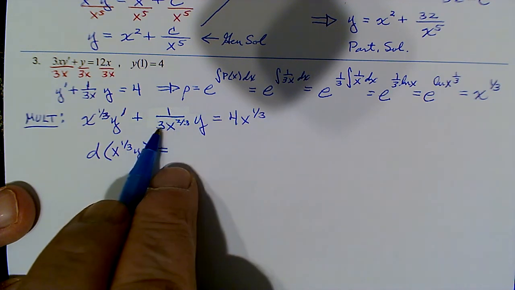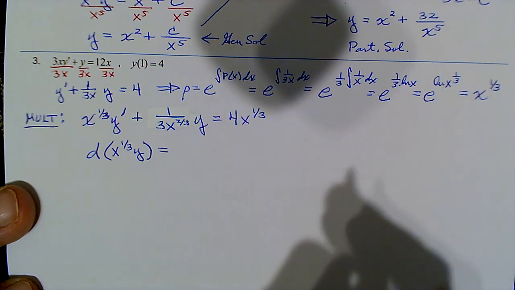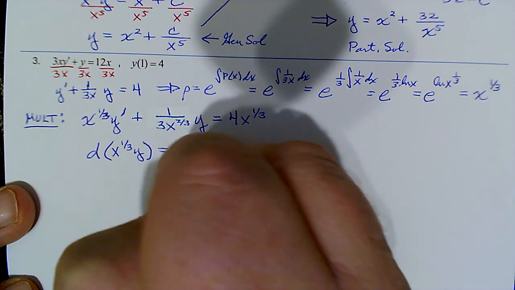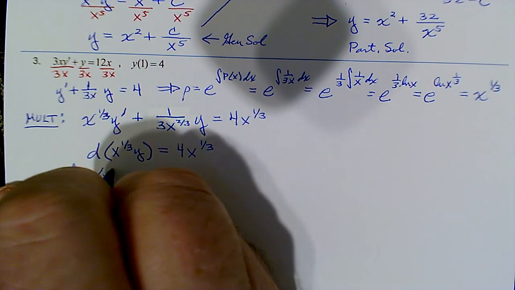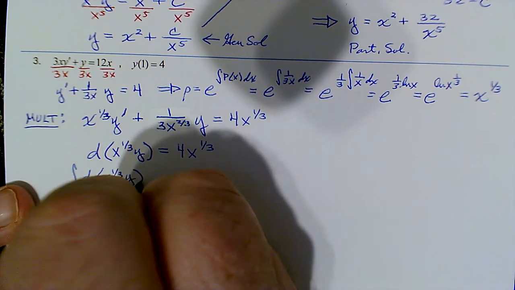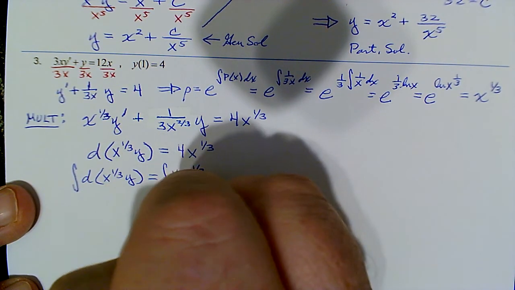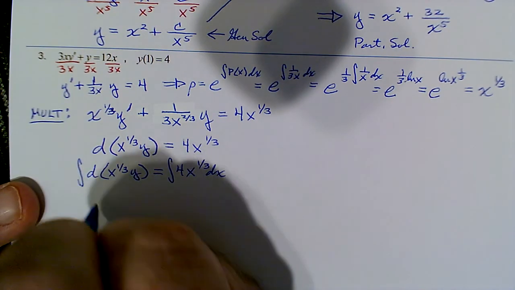There's the 1/3, and the x to the negative 2/3 shifted to the denominator makes x to the 2/3. And so that's equal to 4x to the 1/3. Again, optional step showing the integration symbol. And integrating the derivative of something, we get the something.